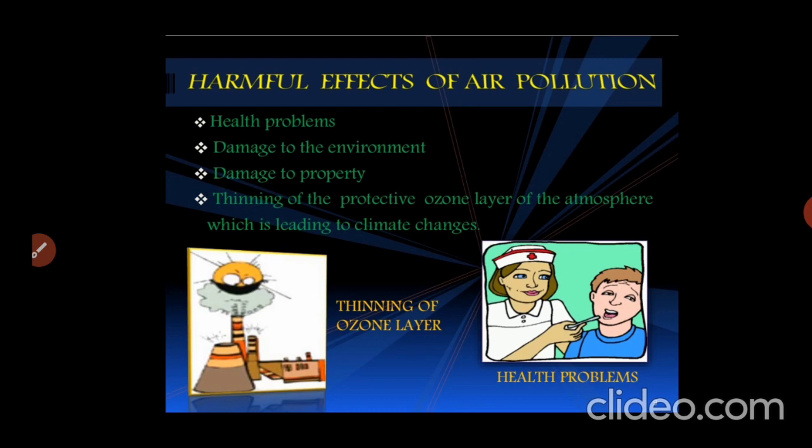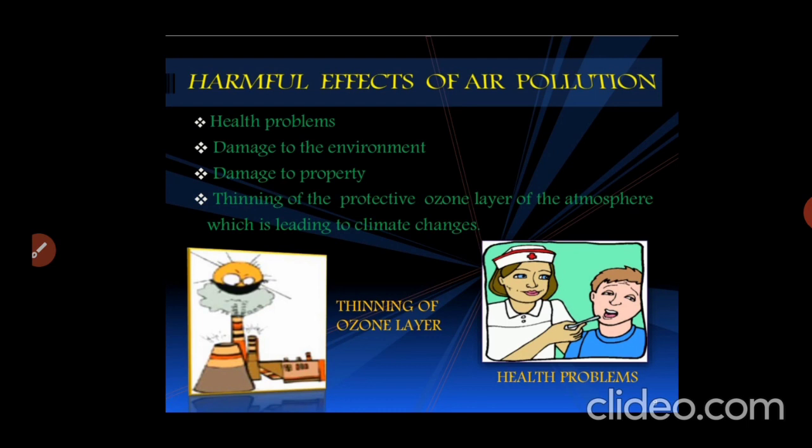For example, acid rain, global warming, depletion of ozone, and climate change. These are all global environmental problems arising from air pollution only. You have to know one by one what the harmful effects of air pollution are.